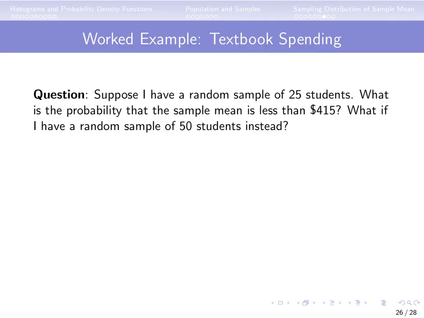We already established that the sample mean with a sample of size 25 follows a normal distribution with mean 405.17, removing the units here, and standard deviation of $42.118. This is how we write it in probability notation: P represents probability. It's the probability that your sample mean is less than $415.